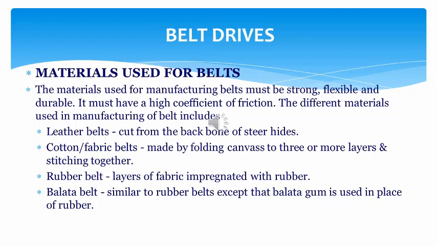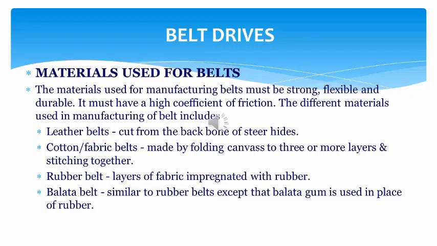Various materials are used for belts. The material used for manufacturing a belt must be strong, flexible, very durable, and must have a high coefficient of friction. Different materials used for manufacturing belts include leather belts, which are cut from steer hides.